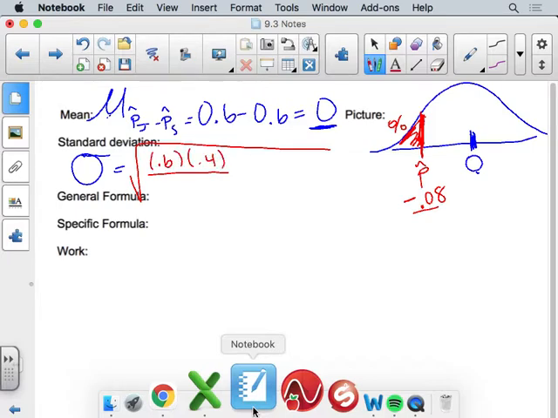So I do 0.6 times 1 minus 0.6 over the sample size of juniors, which is 50. And then the formula says do the true proportion of seniors, which we're going under the assumption that it's 0.6, times 0.4 over the sample size of 45.